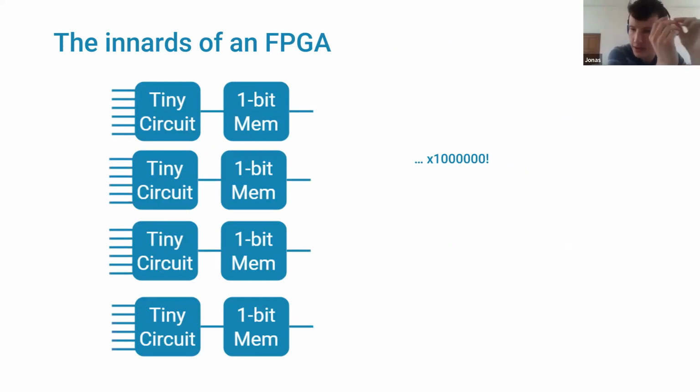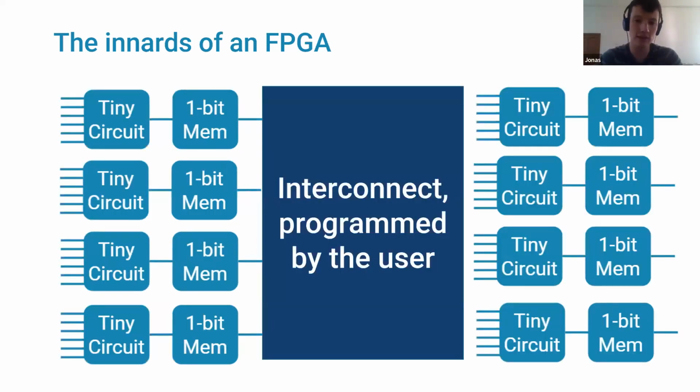It's just a very, very simple calculation followed by a 1-bit memory where the value can be temporarily stored. And then you have interconnect between all these tiny circuits, and that's controlled by the user. So these tiny circuits stay on the chip. The 1-bit memories are just on the chip. You work with that. But the interconnect, the user can control. And by controlling this interconnect, you control what the FPGA is doing.